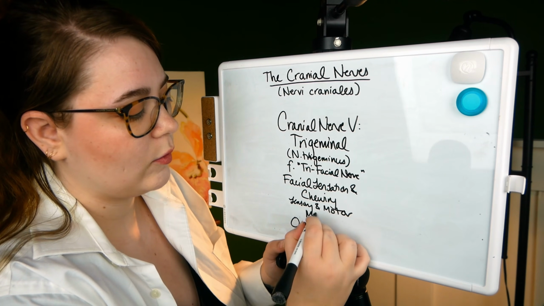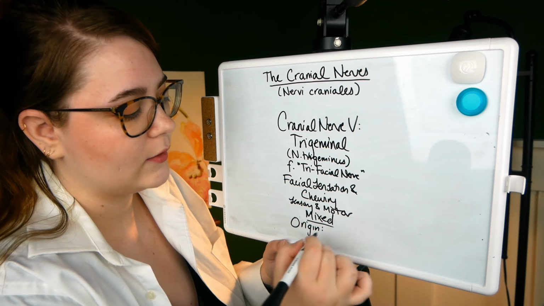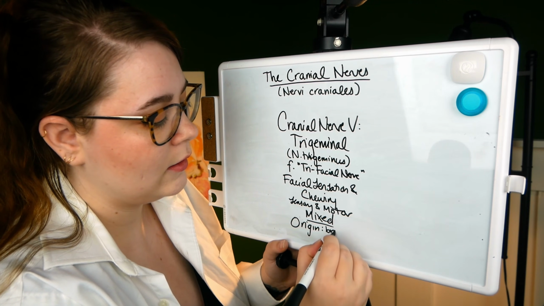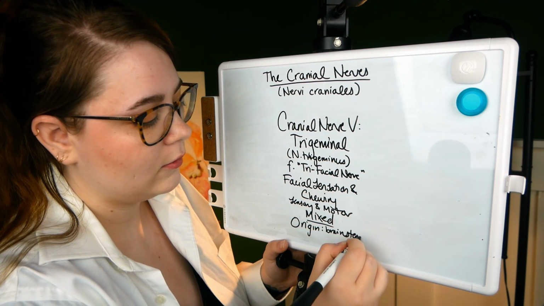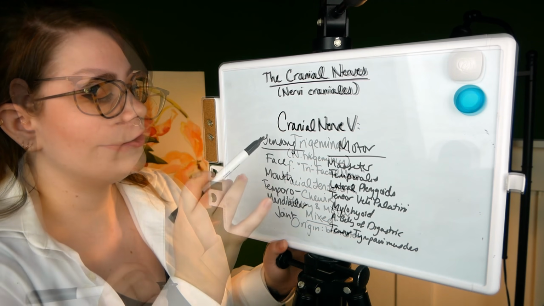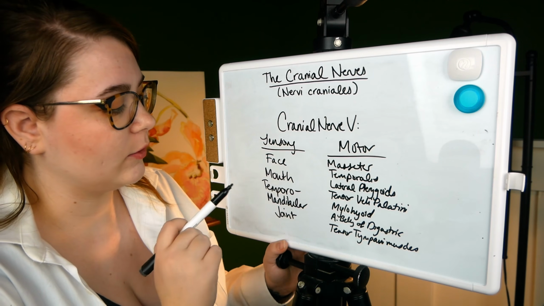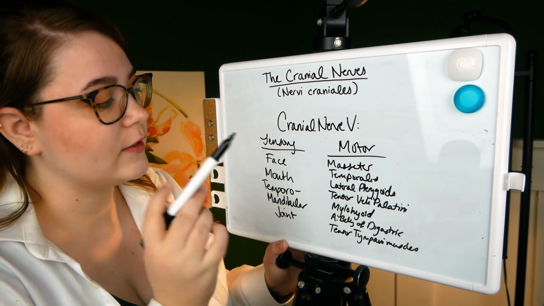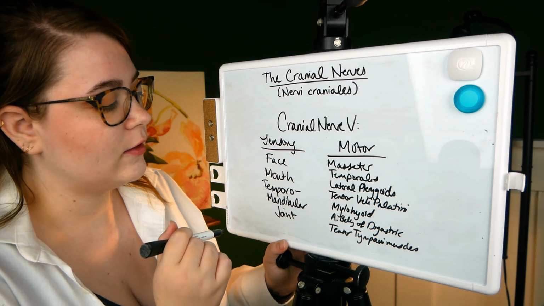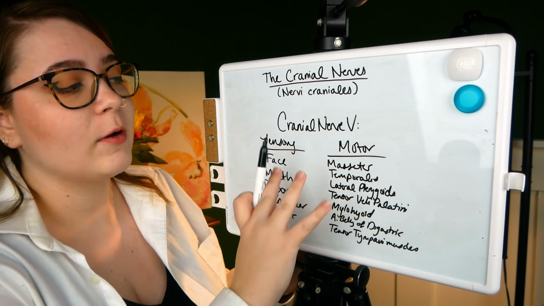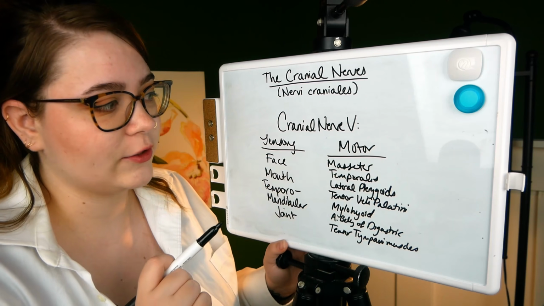So this is quite a mixed nerve, and it originates in the brainstem. In terms of sensory aspects, the cranial nerve number 5 deals with the sensation in the face, the mouth, and the temporomandibular joint. But we've got a lot going on in the motor section.